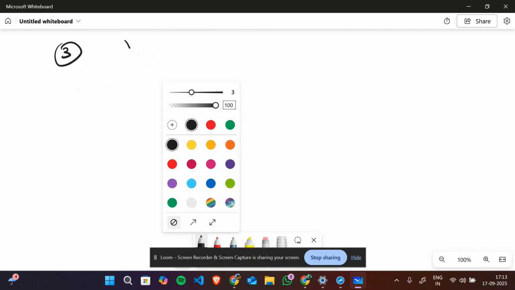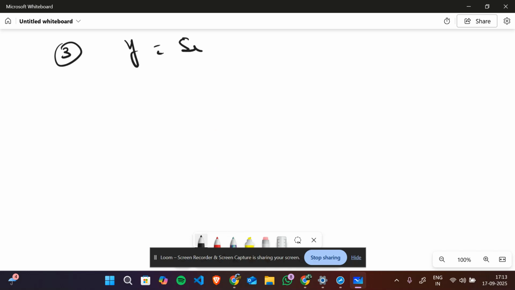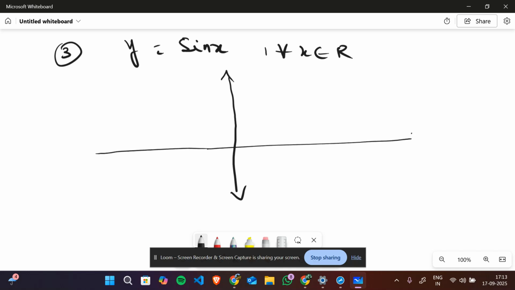All the students might have learned how to draw the graph of sin x in grade 11. Now the range of sin x will be minus 1 to plus 1, and the values of x are pi by 2, pi, 3 pi by 2, 2 pi, and so on. On this side, it is minus pi by 2, minus pi, minus 3 pi by 2, minus 2 pi.